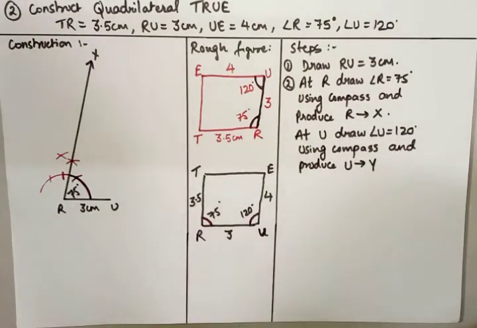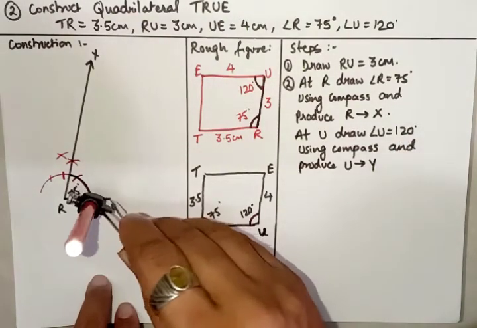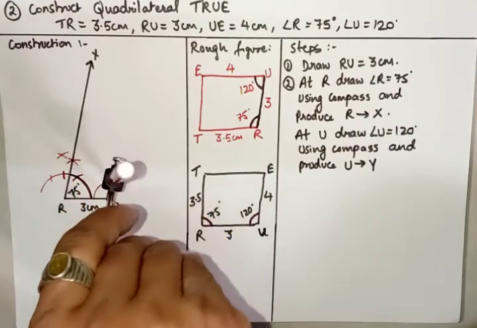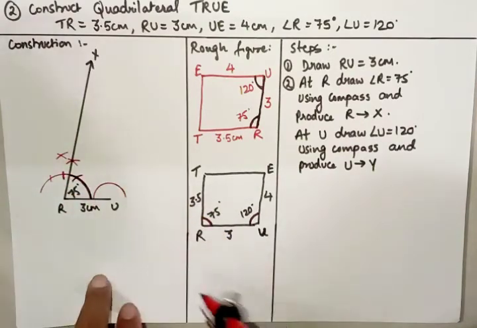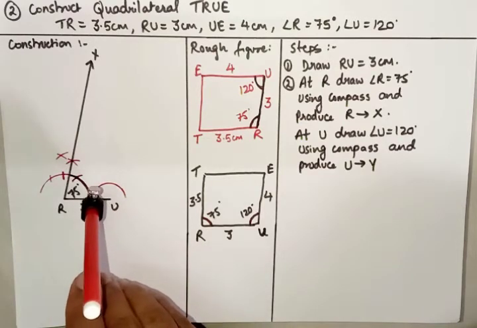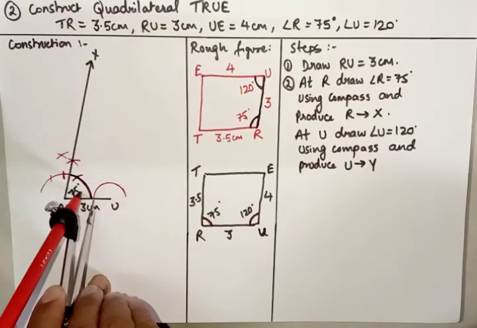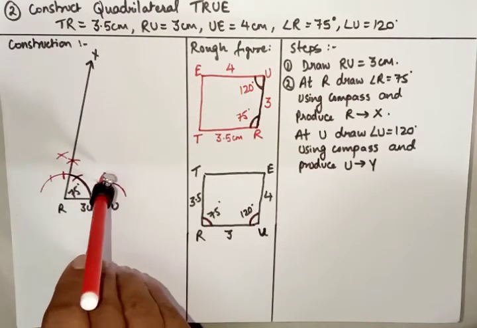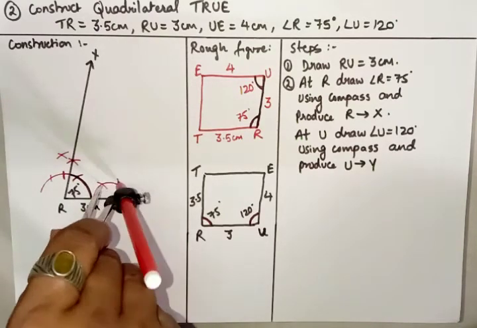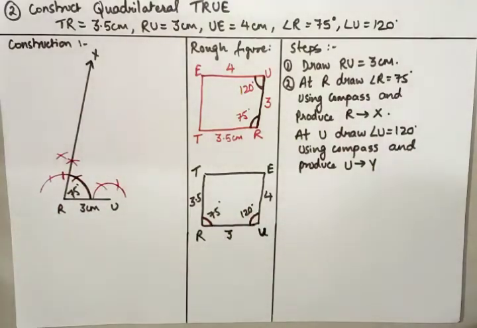At U we will draw an angle of 120 degree. So it is quite simple. Keeping at U, I am drawing an arc. So from this point, the first arc will measure 60 degree. Keeping at this point, the second arc will measure 120 degree.